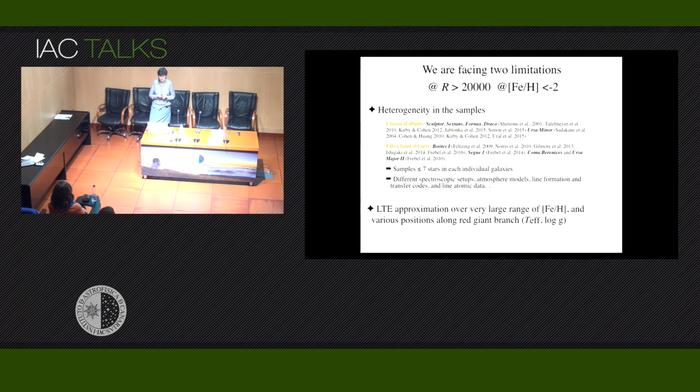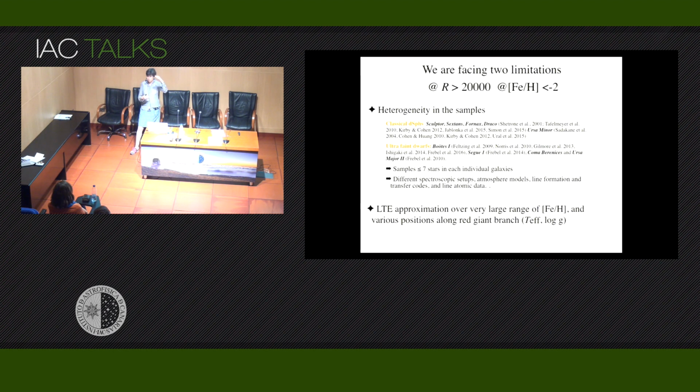And the second limitation is that usually most of the analyses are done with one approximation, which is the local thermodynamical equilibrium, over a large range of metallicity. And in fact, we know that this approximation doesn't work well at low metallicity. So if you are interested to look at how galaxies evolve, from low metallicity to high metallicity, this is a limitation because you have larger uncertainties at very low metallicities.